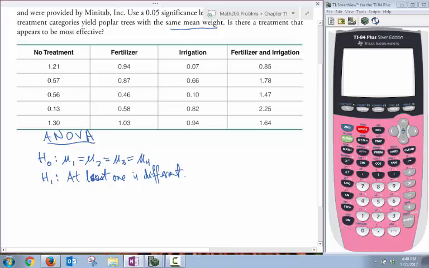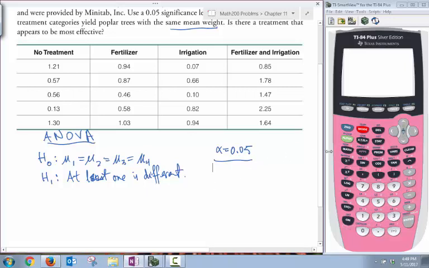In this problem we are using a 0.05 significance level, and what we're interested in is really just digging out the p-value and then making our interpretation. Our p-value we will get from the calculator when we go through the analysis of variance test.